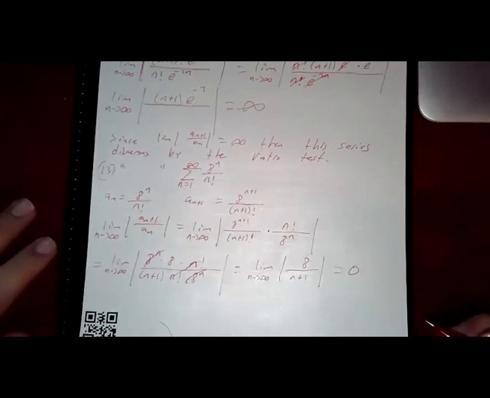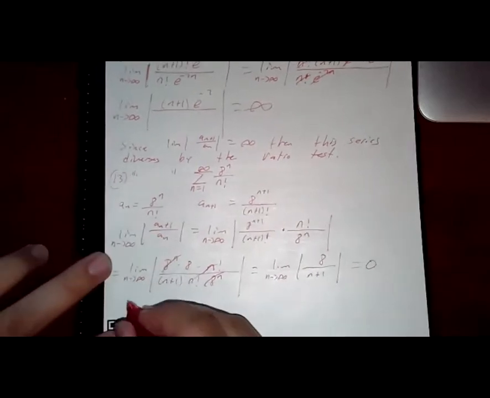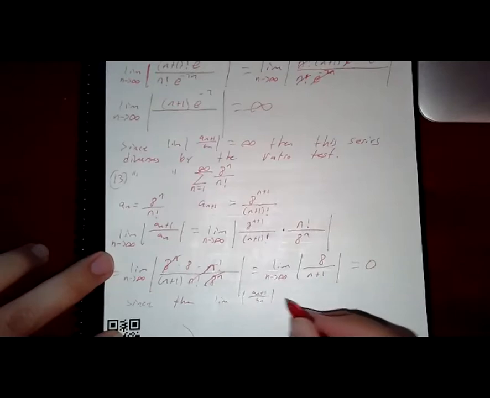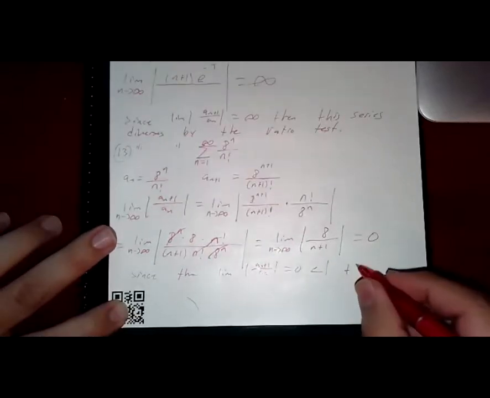And so since the limit of a_(n+1) over a_n is equal to 0, which is less than 1, that's a requirement. Then the series converges.